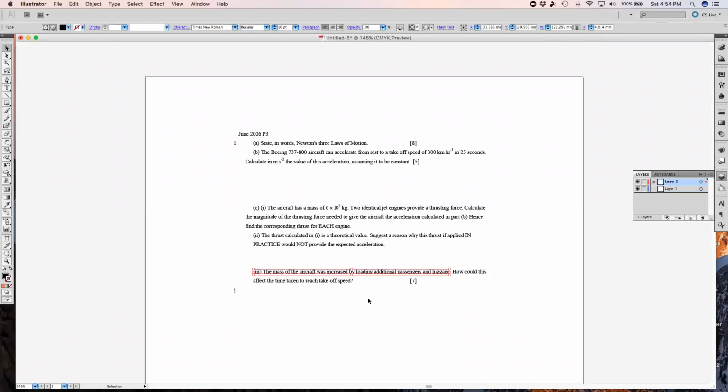All right, so state in words Newton's 3 laws of motion. State in words. And that's 8 marks. What is Newton's first law? A body continues, the first law.